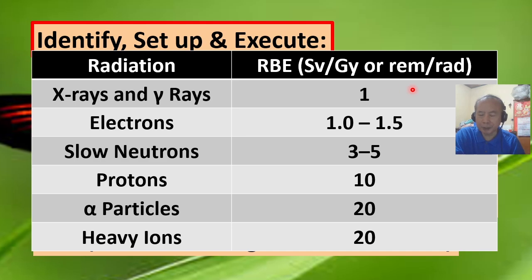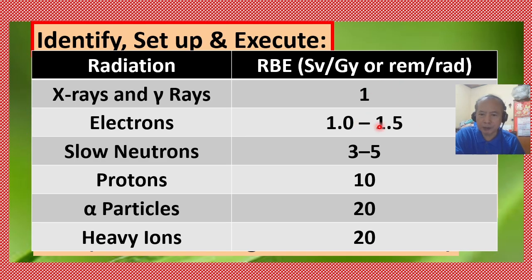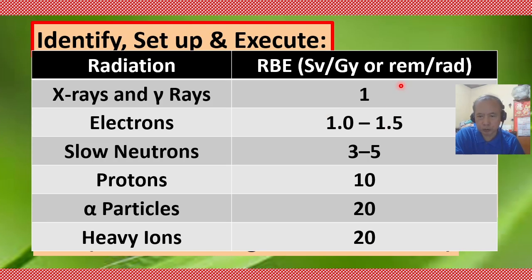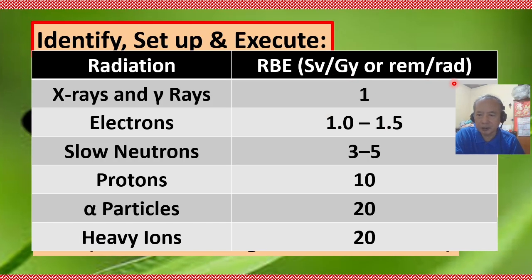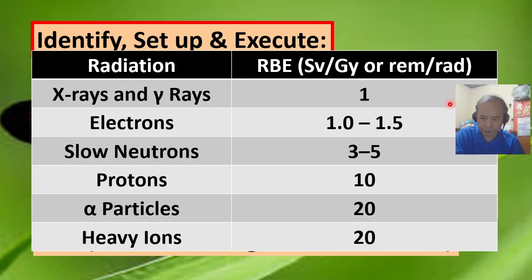Both sievert and rem are units of equivalent dose, whereas gray and rad are units of absorbed dose.